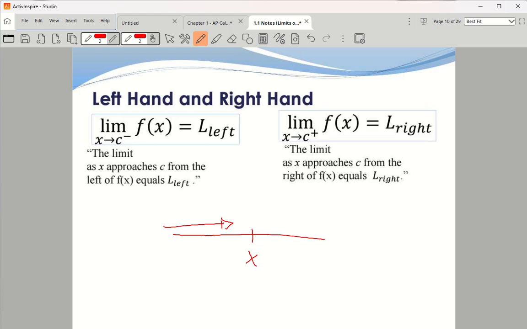All this is negative down over here, and let's pretend that's the number 0. So all this over here would be negative, and all this going this way would be positive, wouldn't it? Yeah, so that's why the left side has a minus sign, the right side has a plus sign.